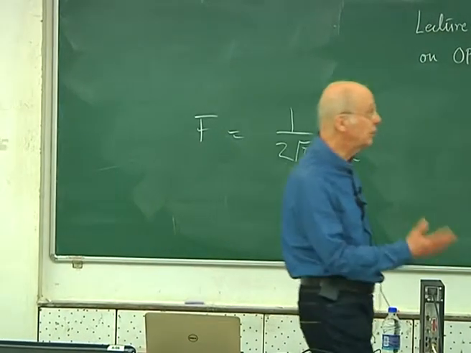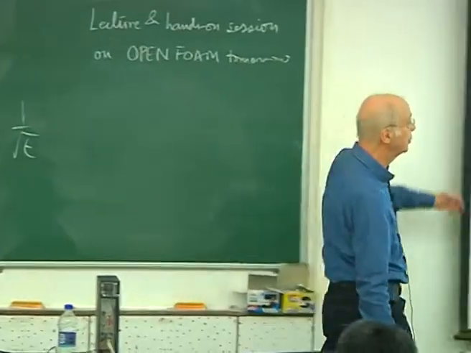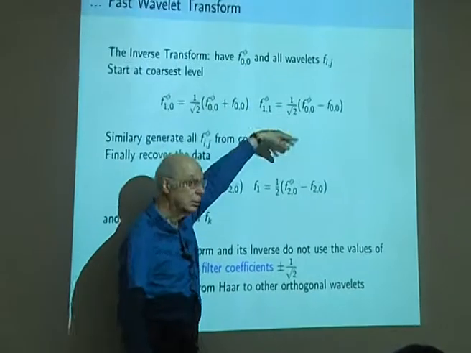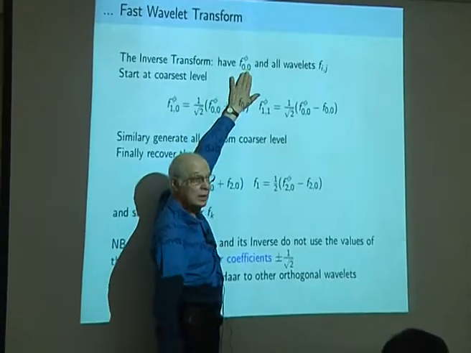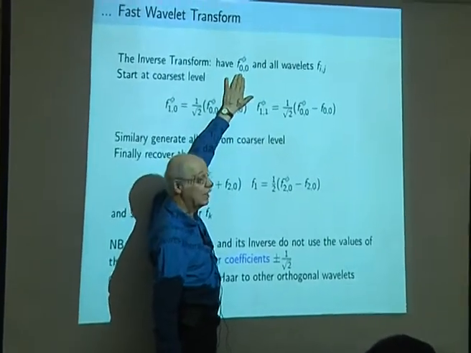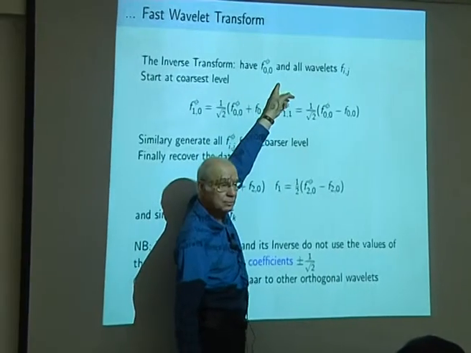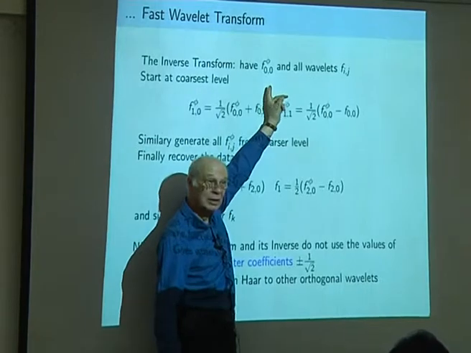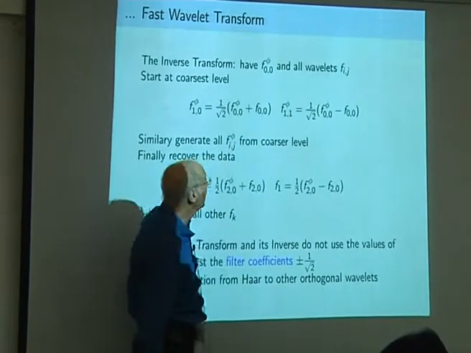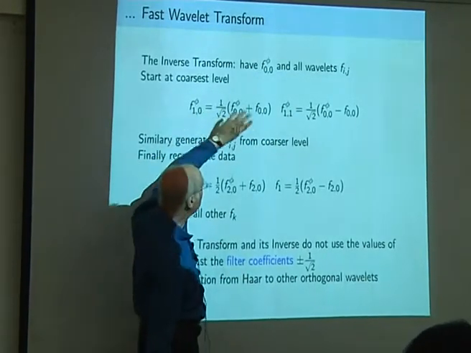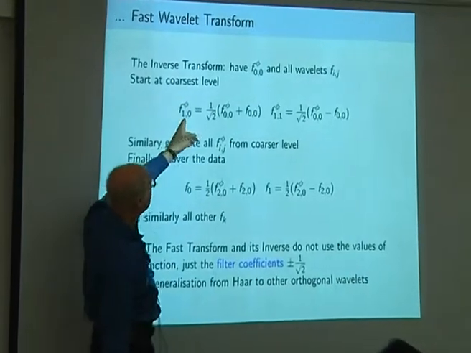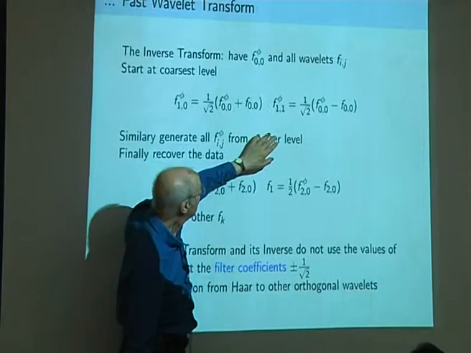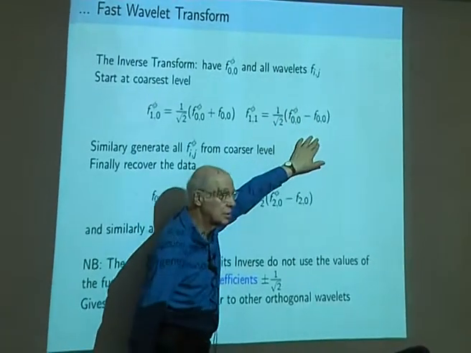And the inverse transform is you start at the coarsest level. At the coarsest level, you're supposed to know all the wavelet components and to know the scaling function 0,0. So that's 7 components and the 8th one as being the average value. And you can construct the scaling function at the first level down as being the sum of those and the difference.